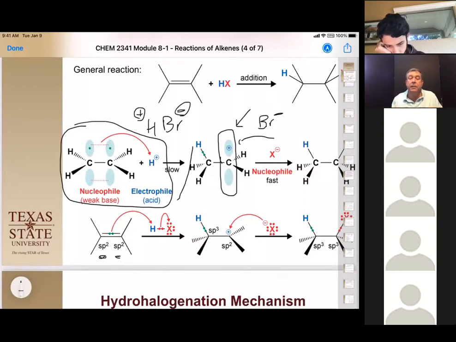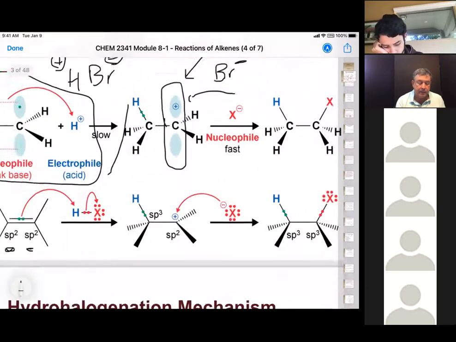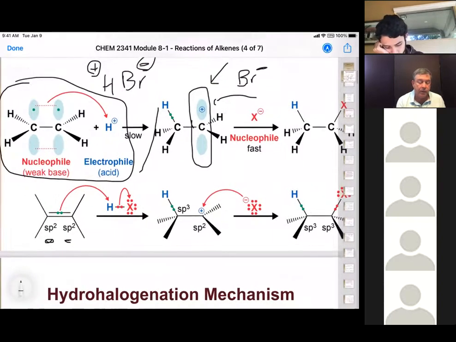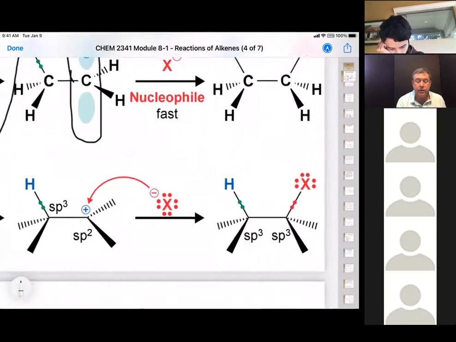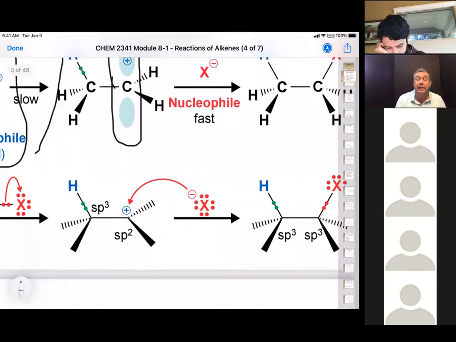When we create that new sp3 sigma bond, we now have an empty p orbital, our carbocation, which then can react with any other nucleophile in the area to create another new sigma bond. And the key here is that the electrons from the double bond create our first sigma bond with the hydrogen, and then our electrons from the nucleophile create our second sigma bond with the former alkene, giving us a completely sp3 hybridized carbon system.